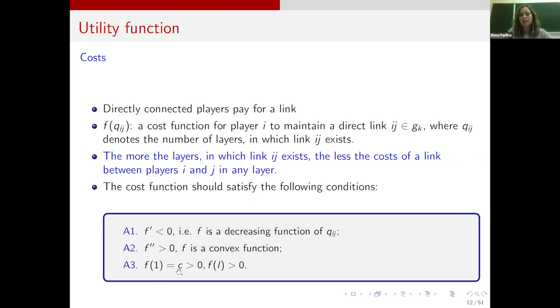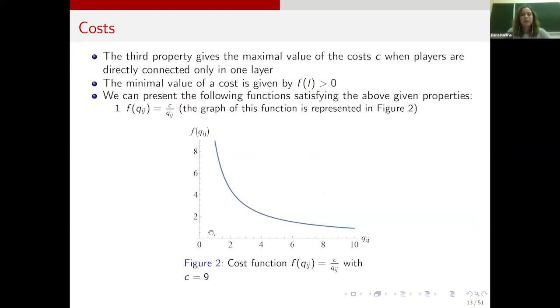It is C and it is given. And if the players are connected in all layers, where L is the maximum number of layers in which they can be connected, the cost should be positive. So we need to avoid negative costs. So that is why we assume this.